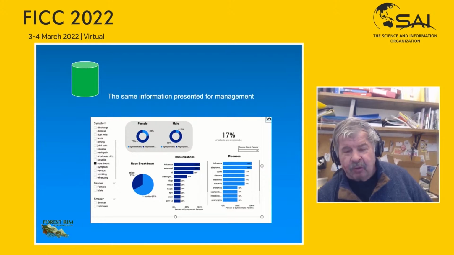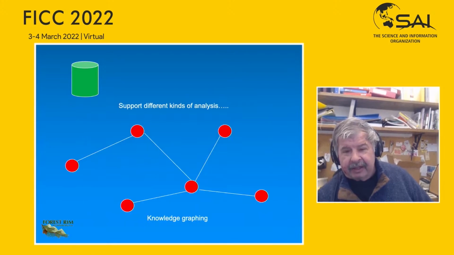So if a manager wants to look at the data in a different format, that's a very easy and mechanical thing to do. Another thing that's popular today is something called knowledge graphs. And we can take the data and put it in the form of a knowledge graph if that's how you want to look and analyze your data. So there's a lot of possibilities.